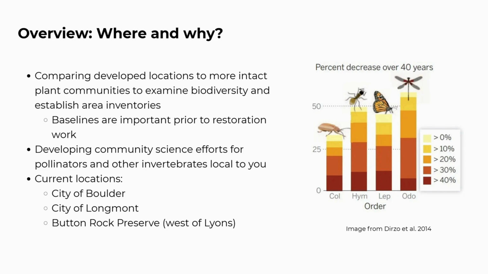When are they here? What does that inventory look like? And that baseline is really important to not only examine the effects of urban development, but also to understand prior to any restoration work, we have to know what we've improved from. So developing these community science efforts local to you as well, we really hope will help us achieve that and also help you all understand a little bit better what's in your backyard.